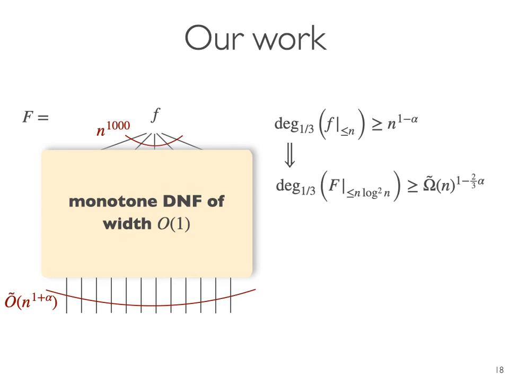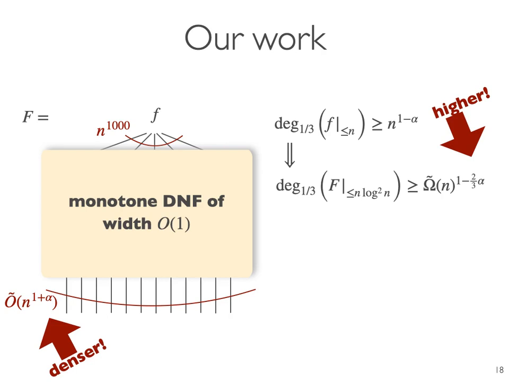First, the new function capital F has higher approximate degree than the original function. Second, capital F is denser than the original function in that capital F takes only n to the 1 plus alpha input bits. To summarize, we start with a very weak object, namely a sparse function with mildly large approximate degree, and create from it a much denser function with much higher approximate degree.